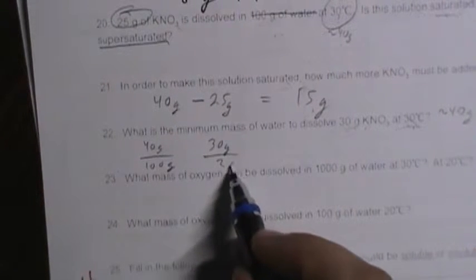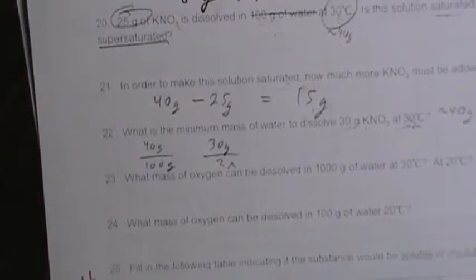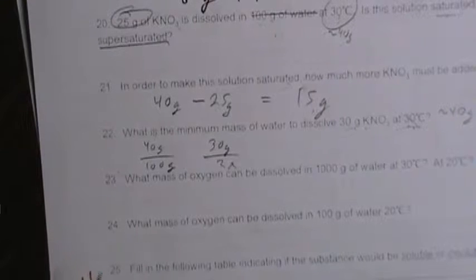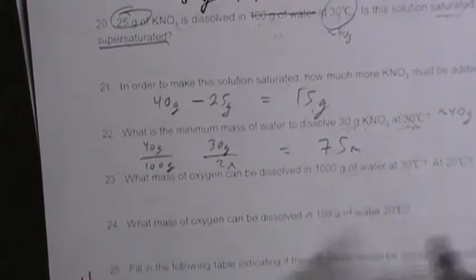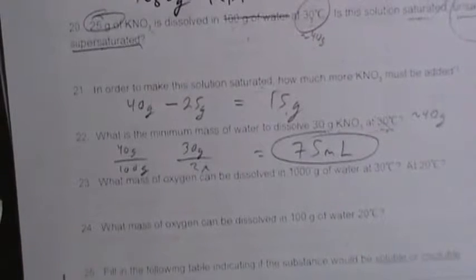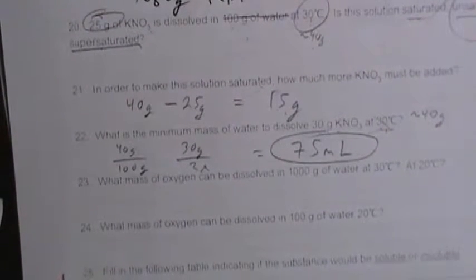Okay, we've got a simple proportion here. So we'll do a little cross multiplication and divide and find out 75 milliliters is the smallest value possible to dissolve 30 grams of potassium nitrate.